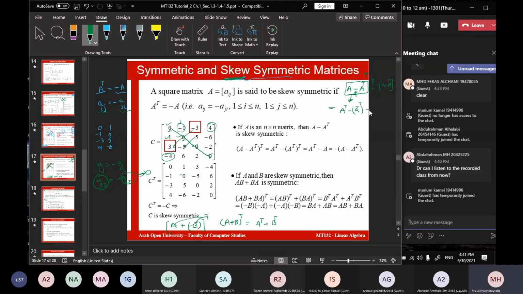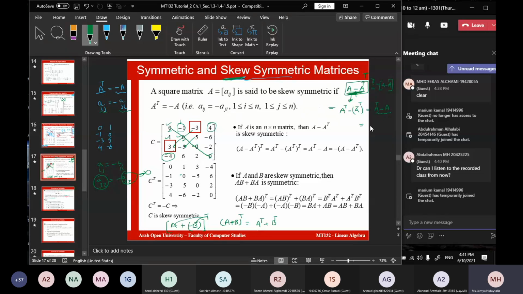So this is equal to A transpose minus, what is the transpose of the transpose? It is A. So now I check, did I reach it? No, we have to start from the A. Okay, so what I do, take a minus as a common factor.